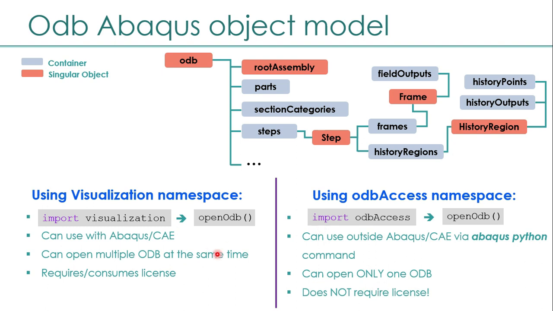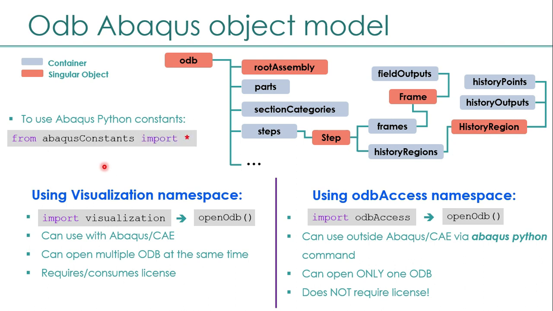However, you can use the ODB access module inside Abaqus CAE also, but the other way is not possible. That means the visualization module you cannot use outside Abaqus. While operating with the output database, you also need some Abaqus constants. As shown in the previous slide, you have to use this module to use Abaqus constants.